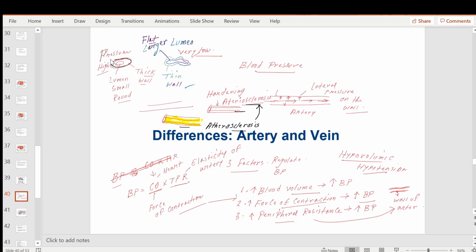Okay, so that is the blood pressure. Now there are 4 types of blood pressures. 2 we directly measure from the wall of the artery. You already know probably: systolic pressure and diastolic.